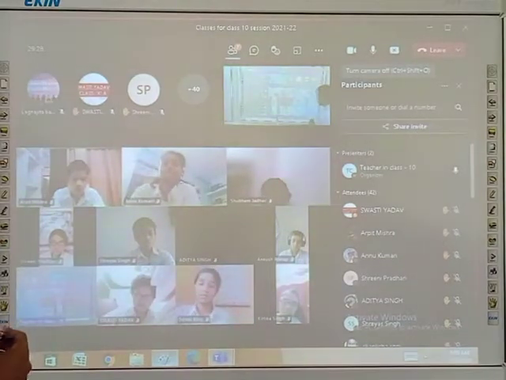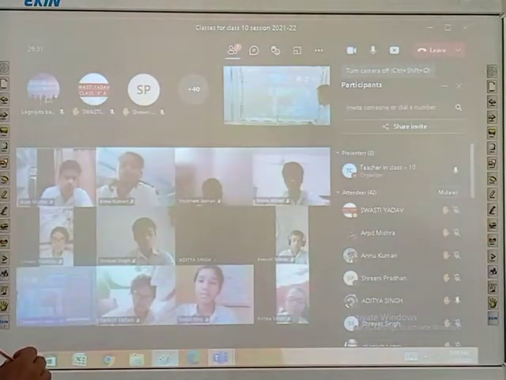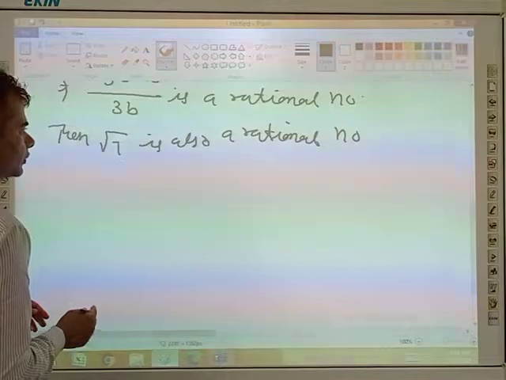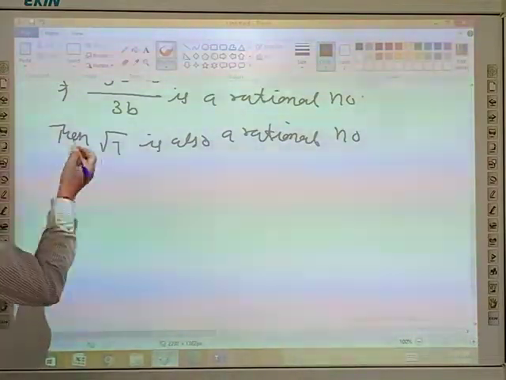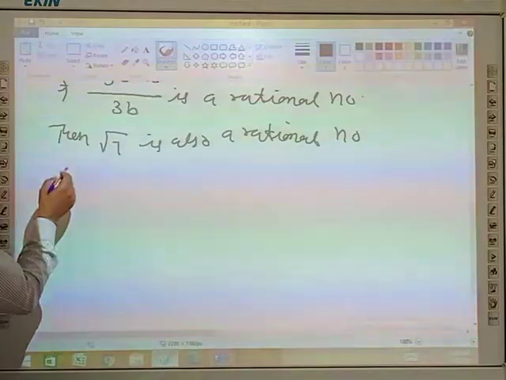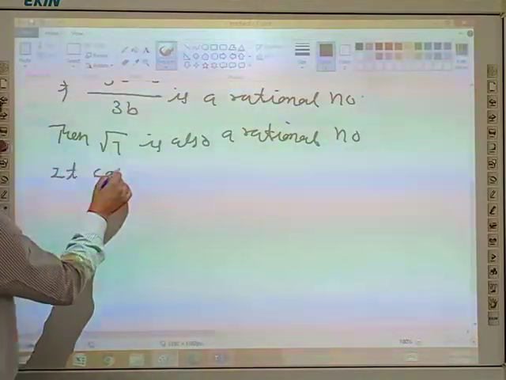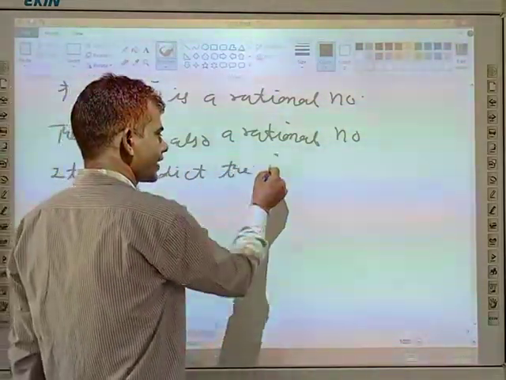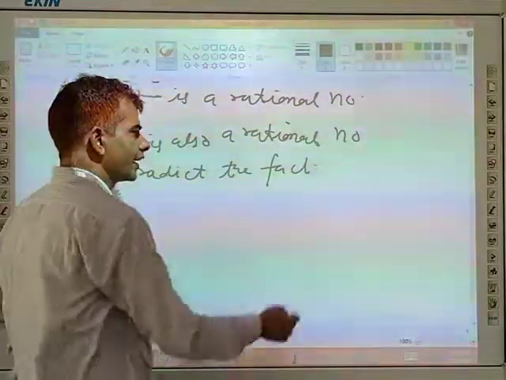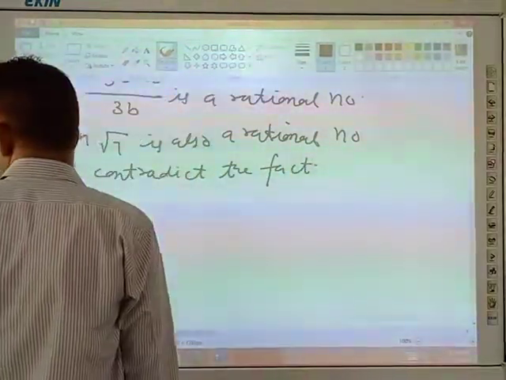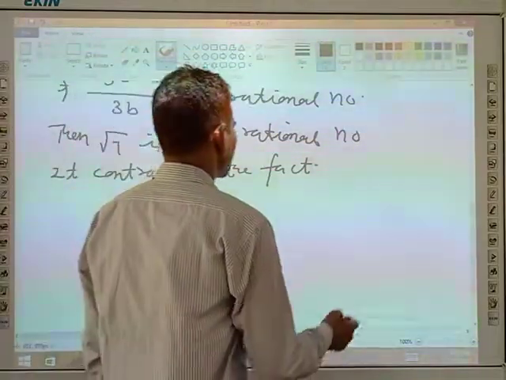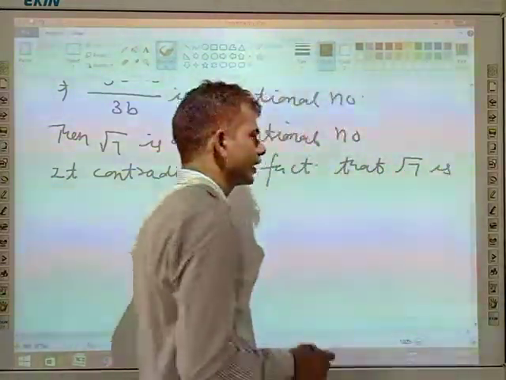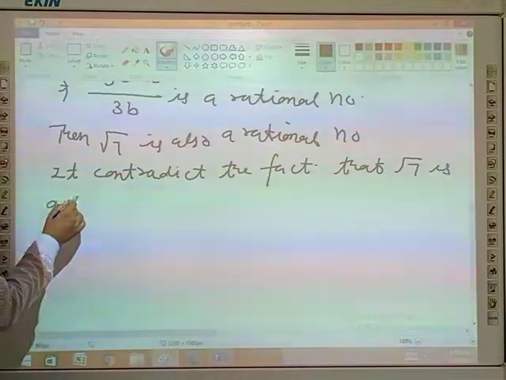Any doubt? Any problems? No, sir. What should we write after the contradiction? Students, it contradicts the fact that root 7 is an irrational number.